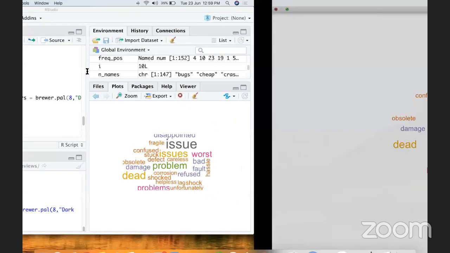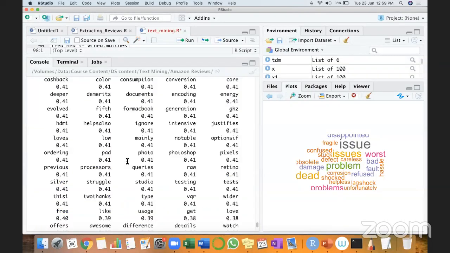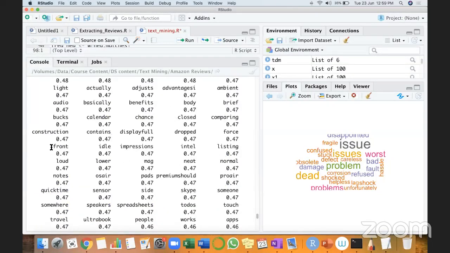Then we can also find out the association between words. For example, I want to find out what other words are strongly associated with the word battery. What other words are people using with battery?